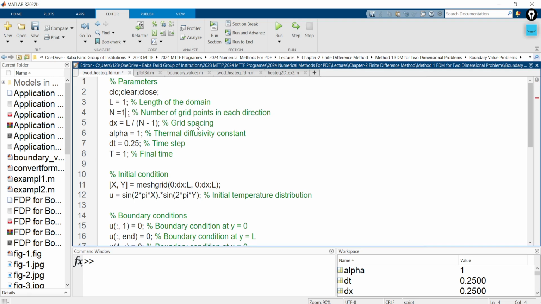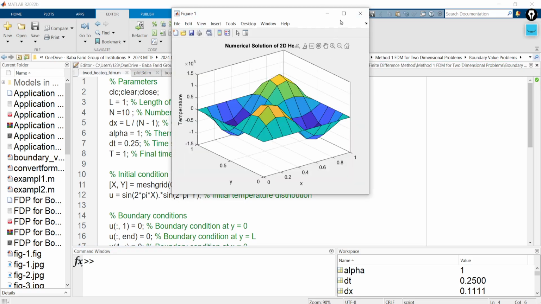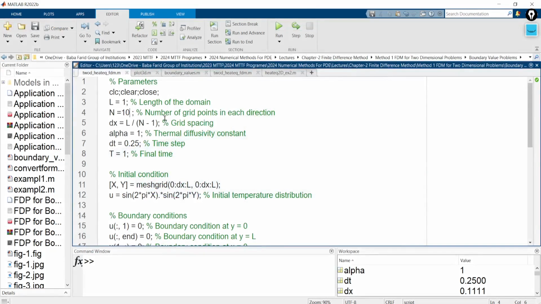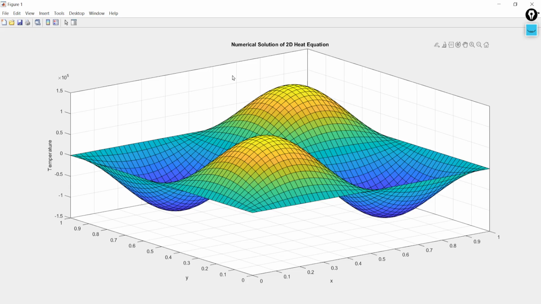Here we are choosing 10, so this will be more refined, as you can observe in this diagram. And if we have 50 at this place, these are more points, and the more grid points we have, the more accurate the values. See once again by running the code. Yes, you can see this is the solution set of our problem.